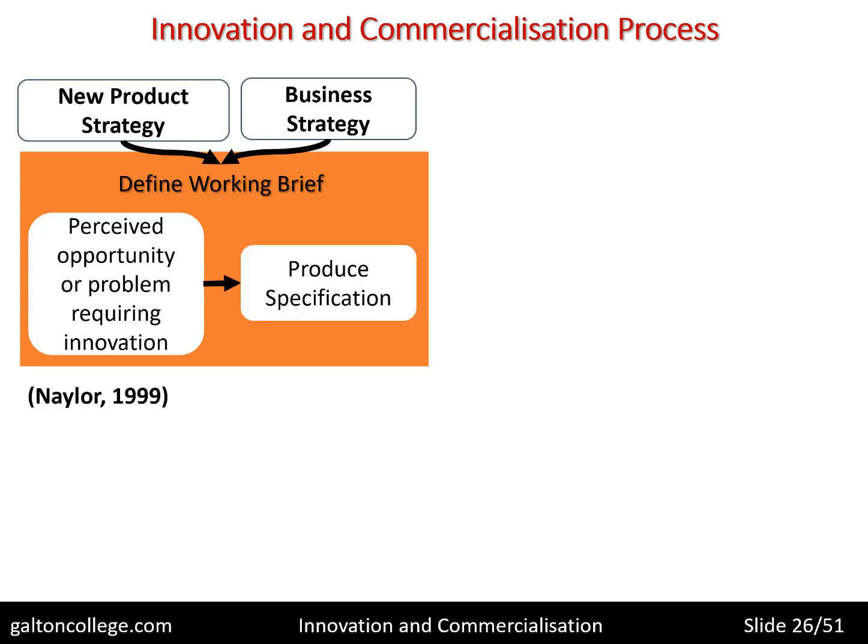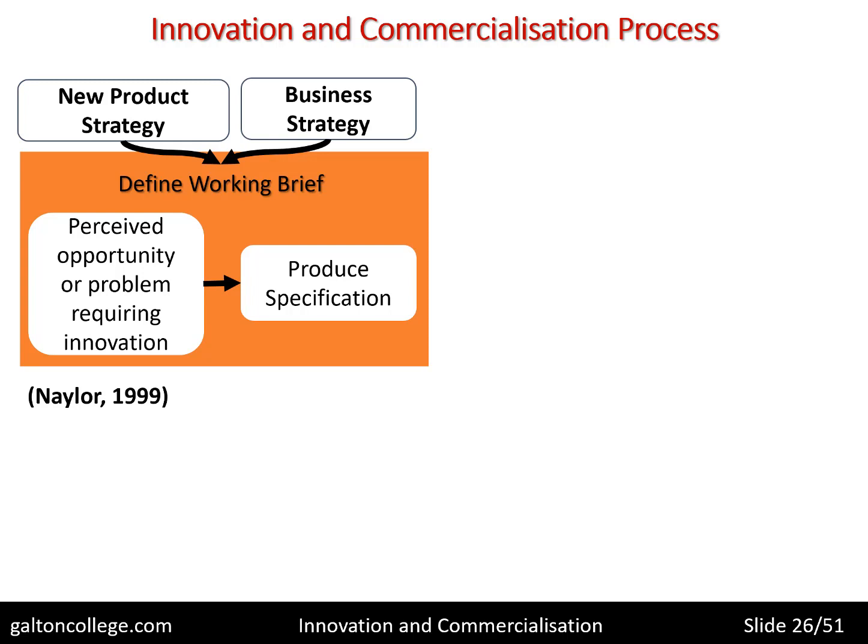And they'll produce a product specification. So this new product idea, which is in itself the product of somebody's imagination, the entrepreneur, or the intrapreneur, as it's called sometimes in the literature. Intrapreneur means someone working within a business already.